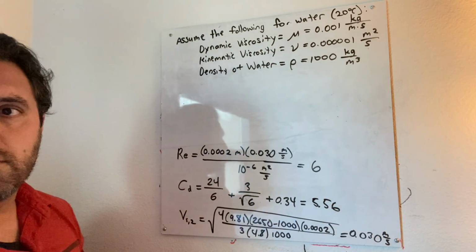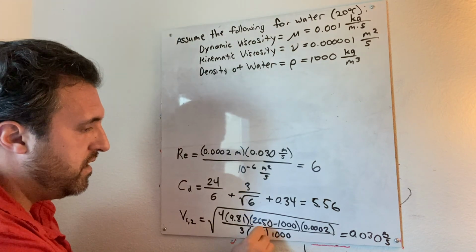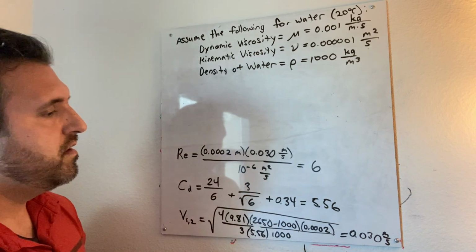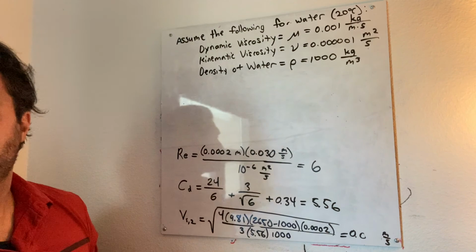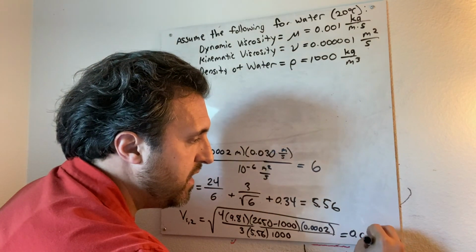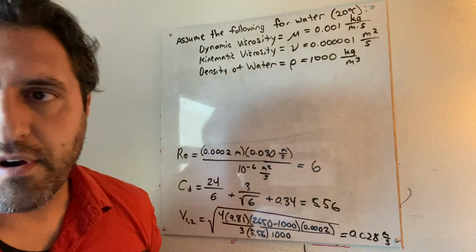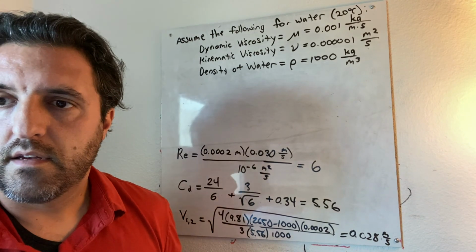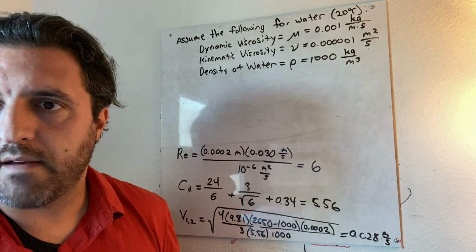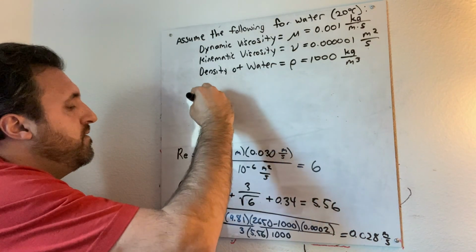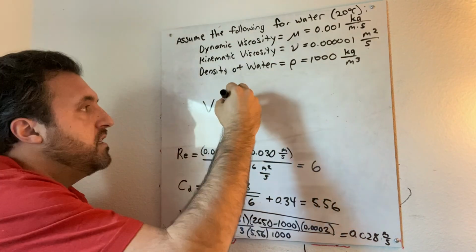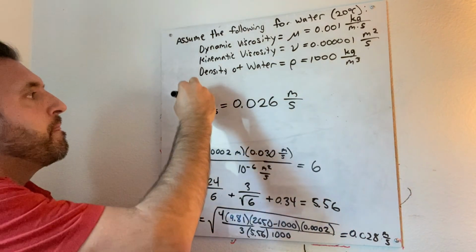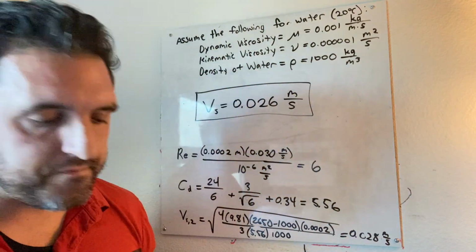And then we use that in Newton's law to recalculate the velocity. This next time around, we're going to get a value of 0.028. So we repeat that process until this value stabilizes. If we do that for about 7 or 8 iterations, we'll find that it stabilizes at a velocity of approximately 0.026 meters per second. All right, so that's the settling velocity.